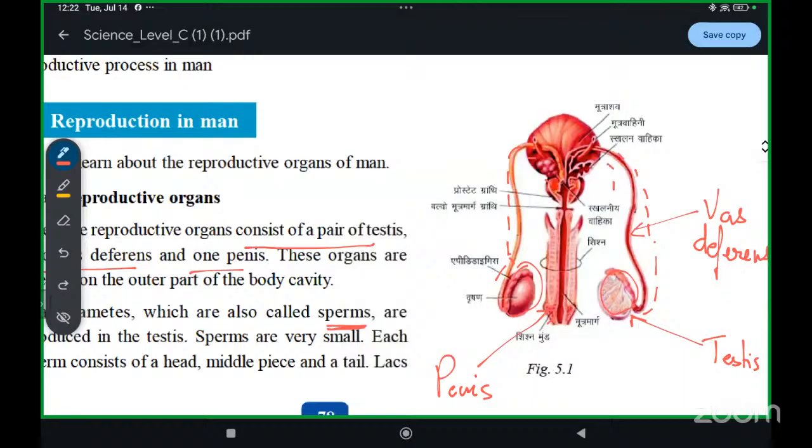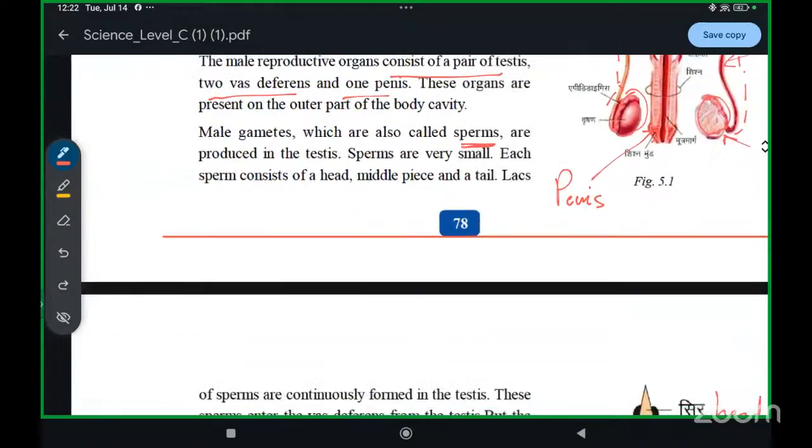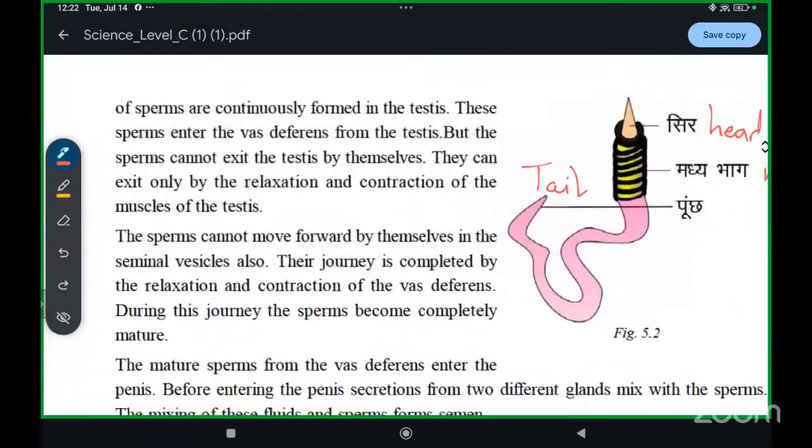They travel through the vas deferens but they cannot exit by themselves. So the relaxation and contraction of the testis takes place, just like our heart relaxes and contracts. The testis relaxes and contracts to push the sperms forward in the vas deferens.